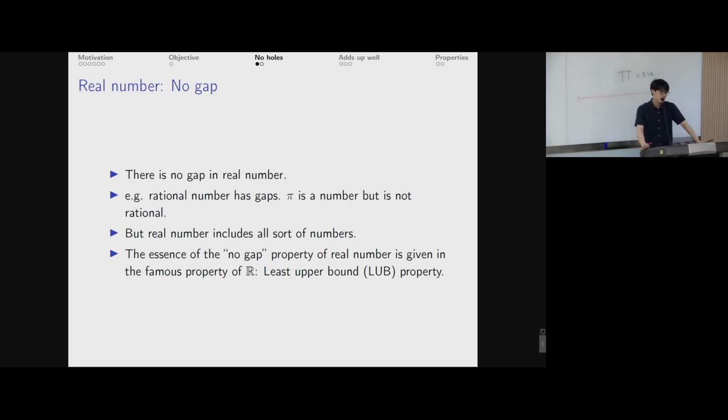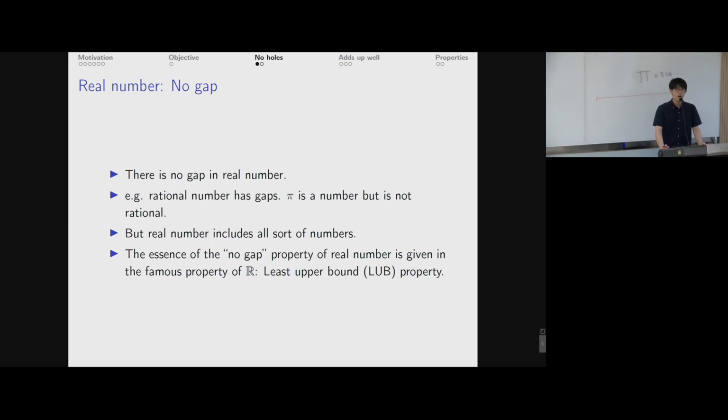The essence of this no-gap property of real numbers is a very famous property of ℝ. For another notation, in the slide you can see the curly notation for R. Remember I said the curly Z notation is for the integer set.